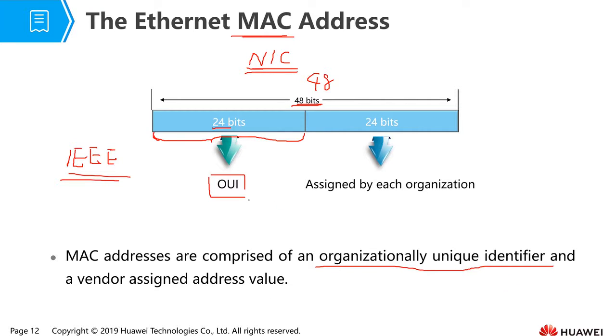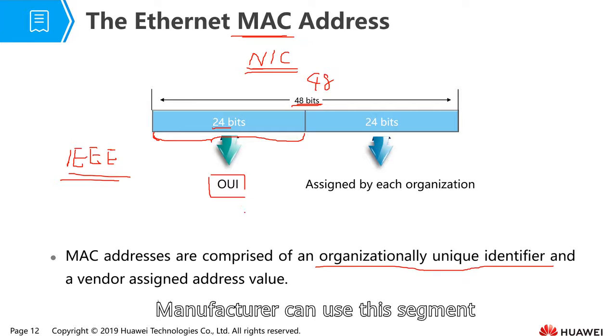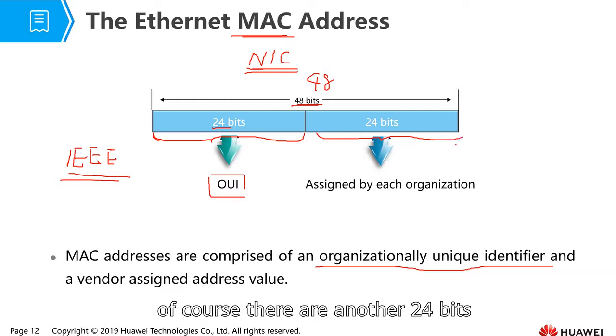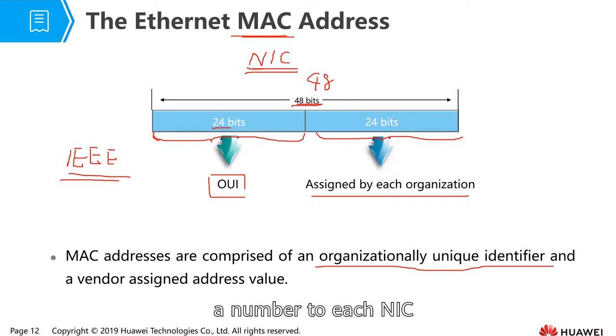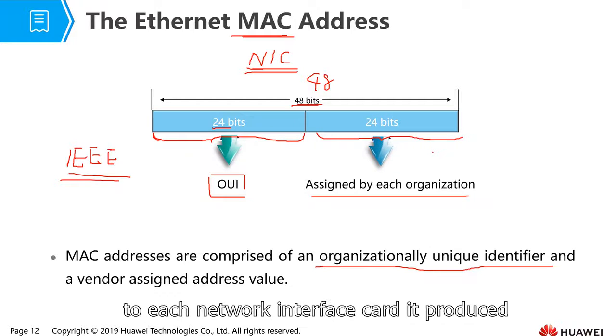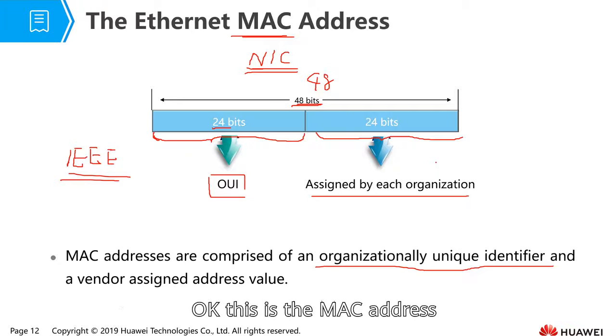Then the manufacturer can use this segment. There is still another 24 bits, so the manufacturer can assign a number to each network interface card it produces. This is the MAC address.